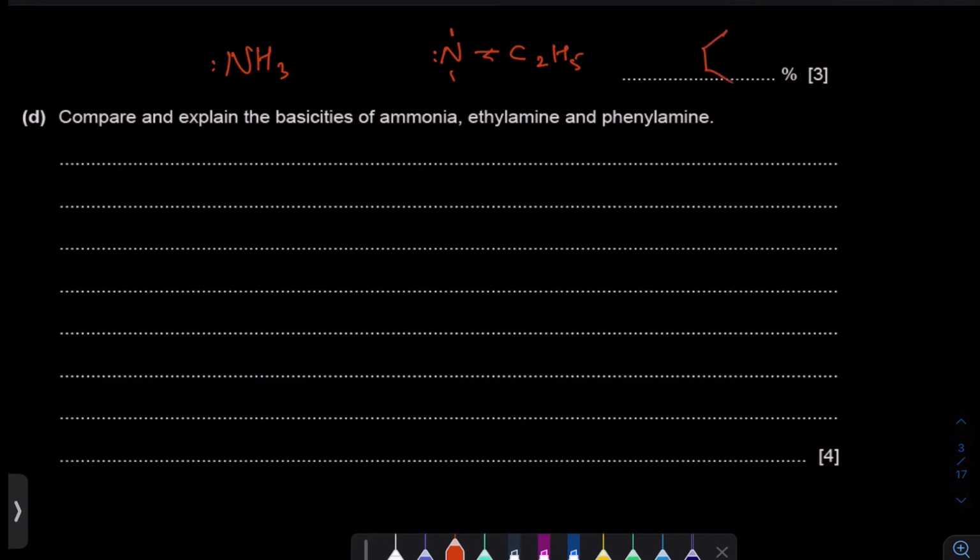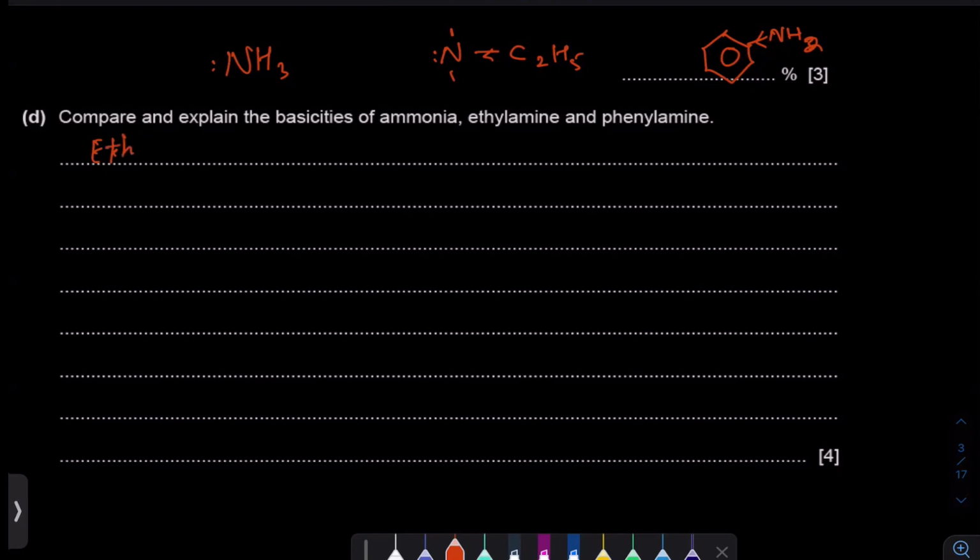And in the case of phenylamine, instead of an inductive effect, in fact, the lone pair is going to be delocalized into the ring. So इसकी वजह से जो phenylamine है वो सबसे बुरी base होगा, इनमें से weakest base होगा. So we'll say that ethylamine has a positive inductive effect from the ethyl group, making it the most basic.